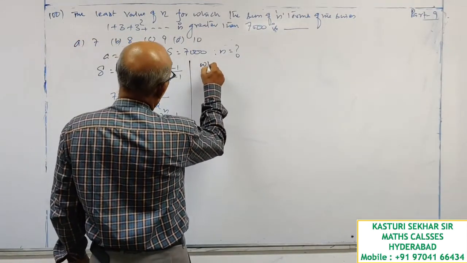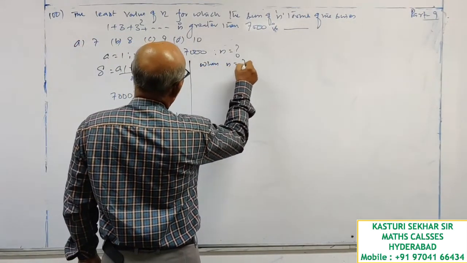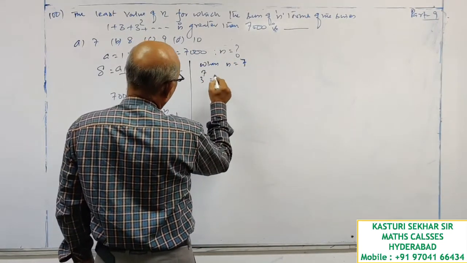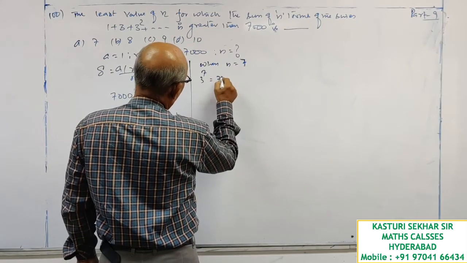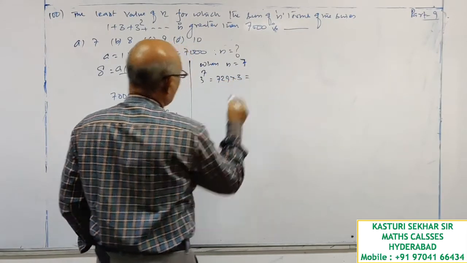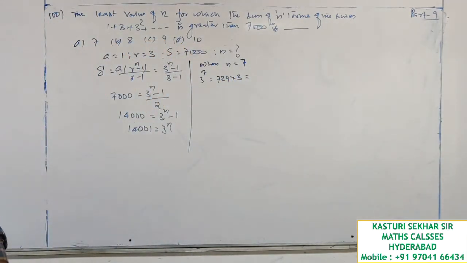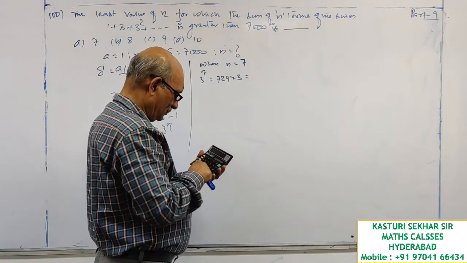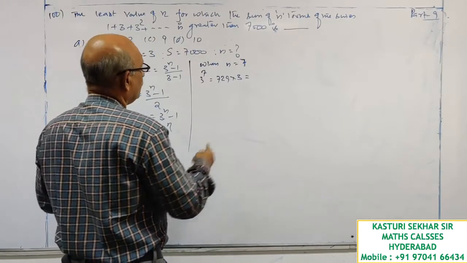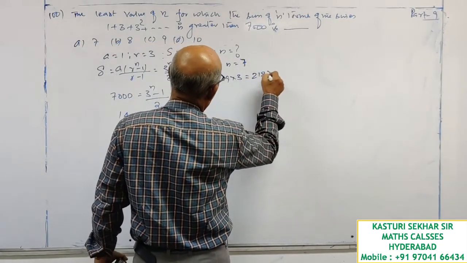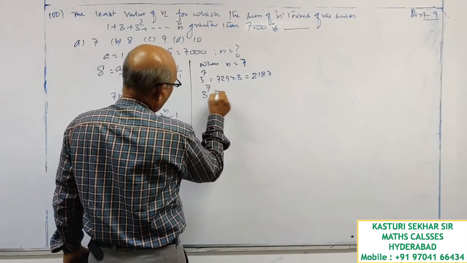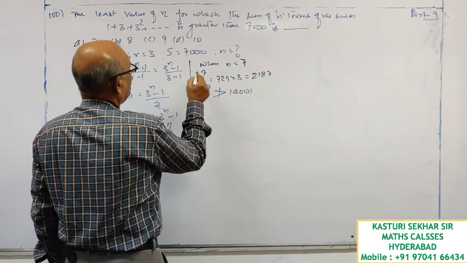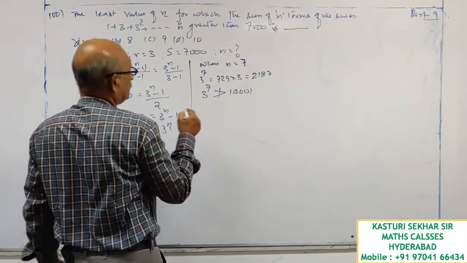Option A, when n is equal to 7, 3 power 7 is 729 into 3, which is 2187. Therefore 3 power 7 is not greater than 14,001, so option A is not the answer.